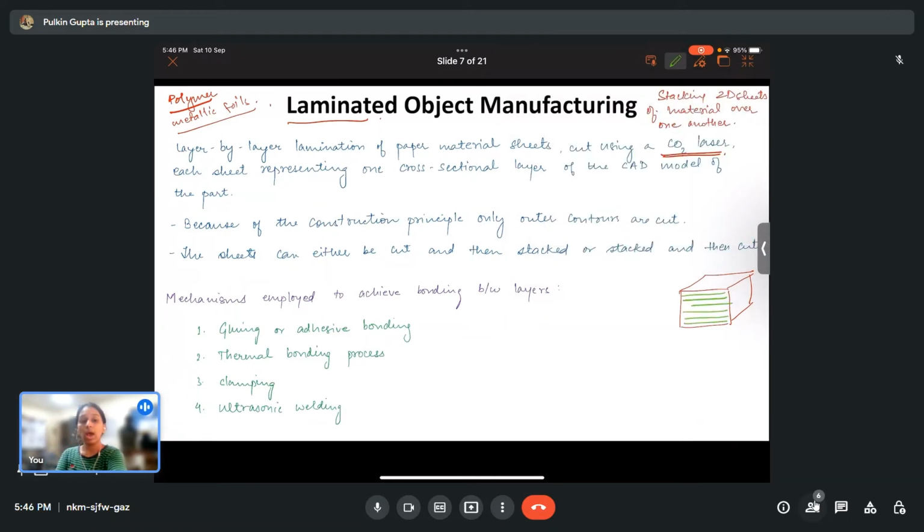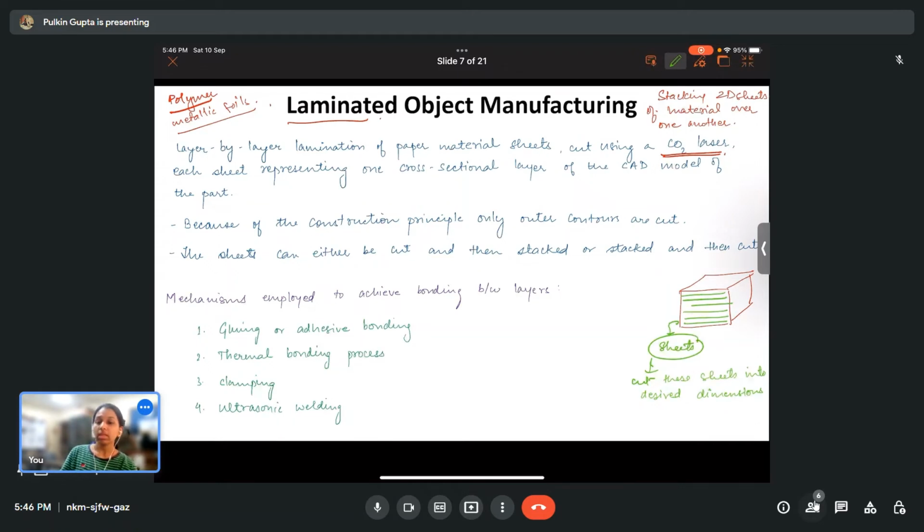Now these layers are your sheets, and you cut these big chunks of sheets into the desired dimensions. Once you have cut the sheets, you stack them over one another and bond them together using one of multiple techniques, and then you have this entire cube or cuboid.